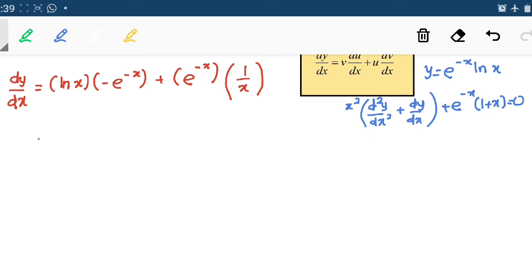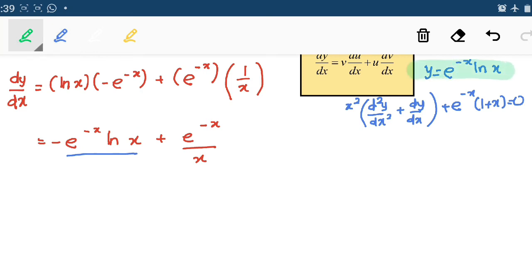So we get negative e power of negative x ln x plus e power of negative x over x. And as you can see, negative e power of negative x ln x is equal to negative y here. So we can change it as equal to negative y plus e power of negative x over x.